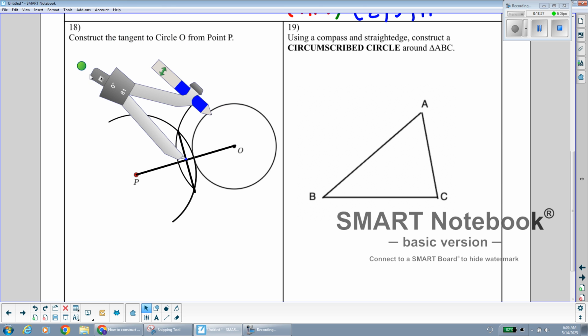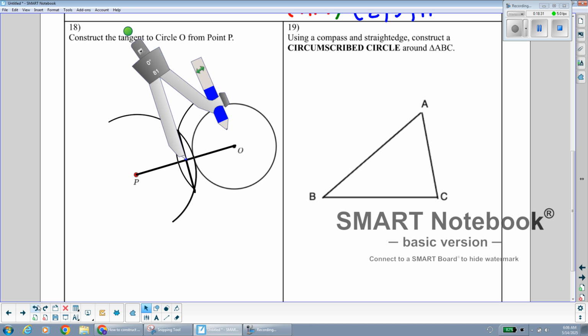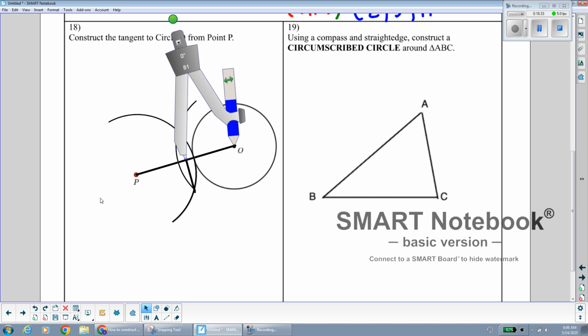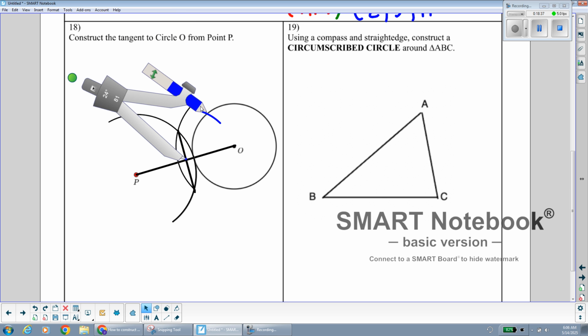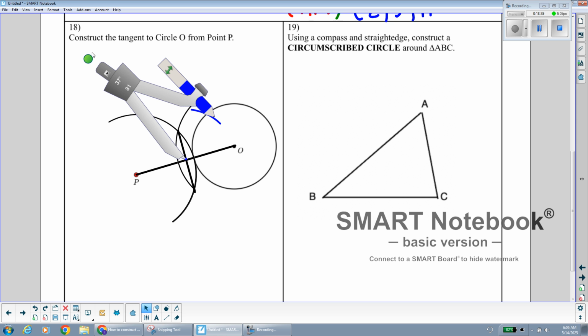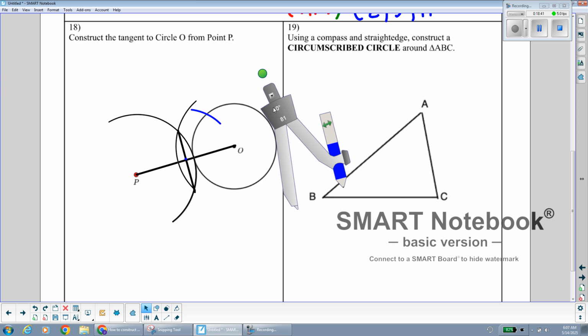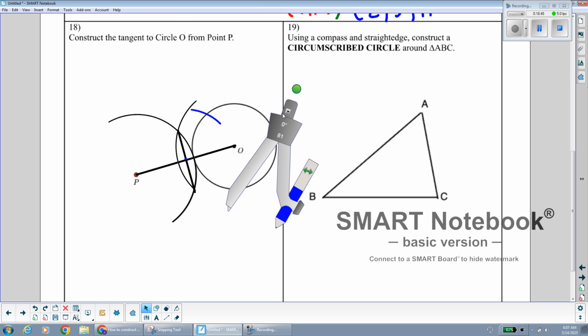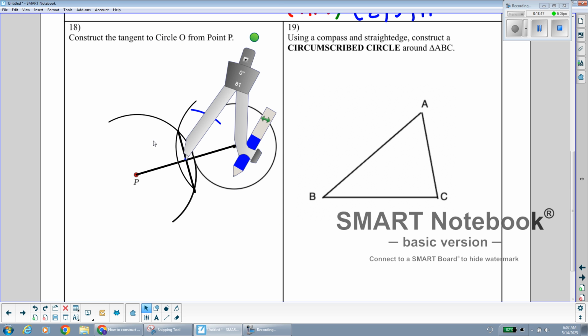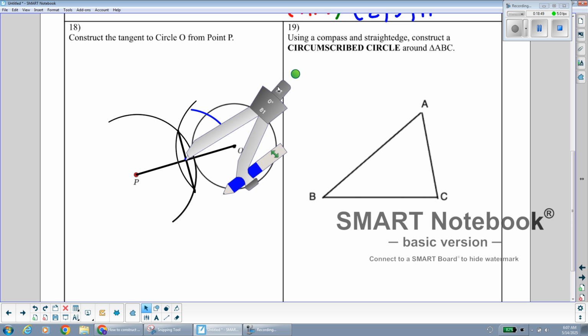And then from there, I'm just going to mark, without changing the compass distance. So let me try that again. I'm just going to mark a point on the circle using that distance over here on the side. And then using the same distance, I'm going to mark the same.